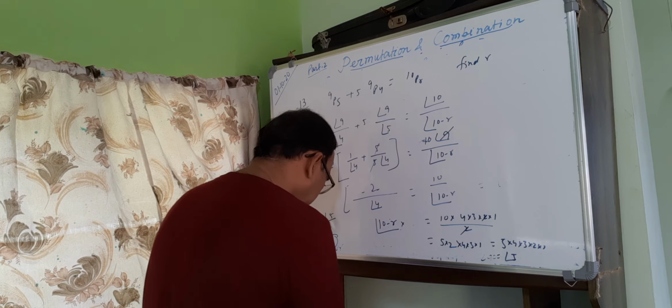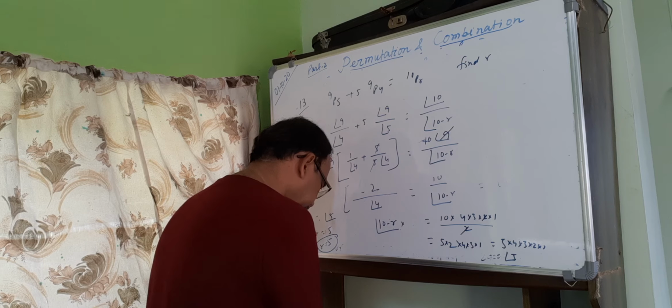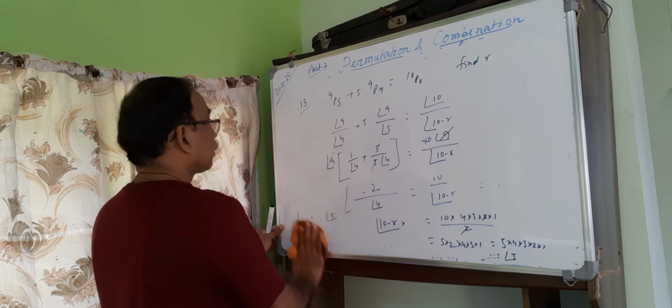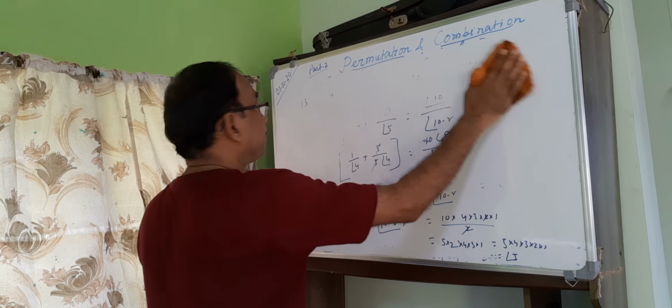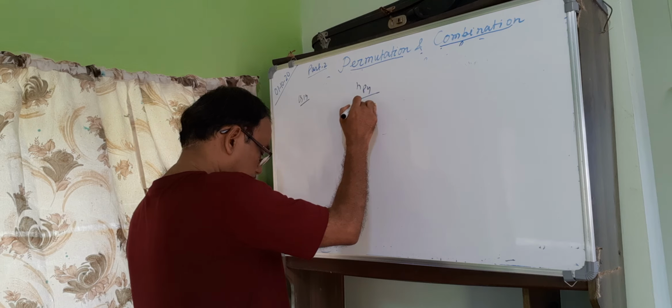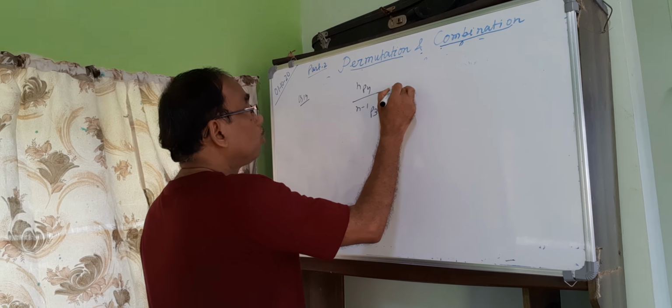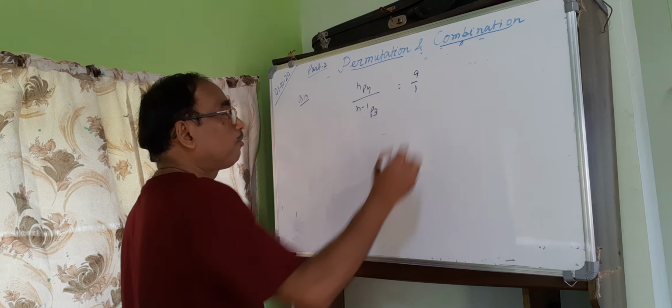Next, sum number 14. Question number 14. nP4 by n minus 1 P3 equals 9 by 1. We have to find n.